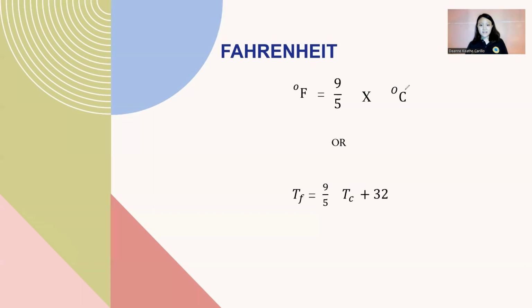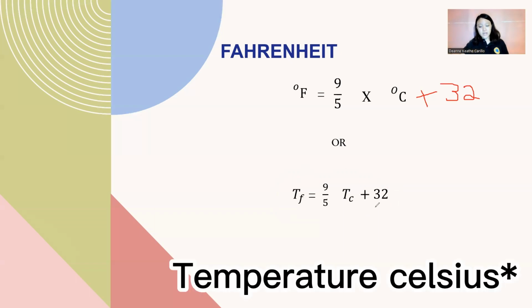Formula for Fahrenheit scale is degree Fahrenheit is equals to 9/5 multiplied by degree Celsius plus 32. Or temperature Fahrenheit is equals to 9/5 temperature Celsius plus 32.